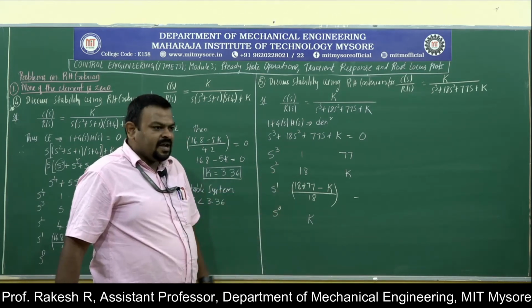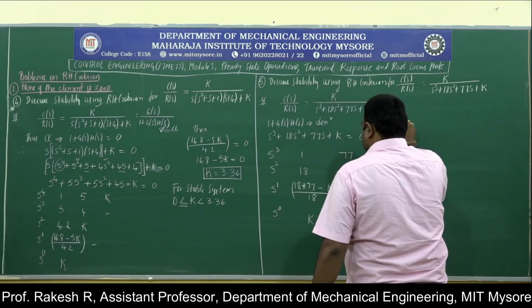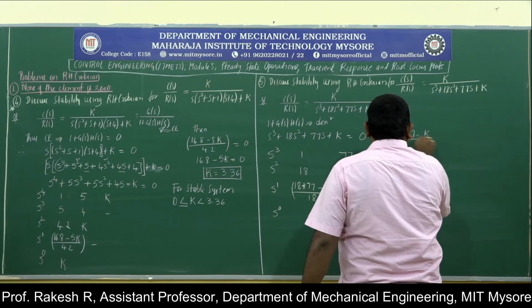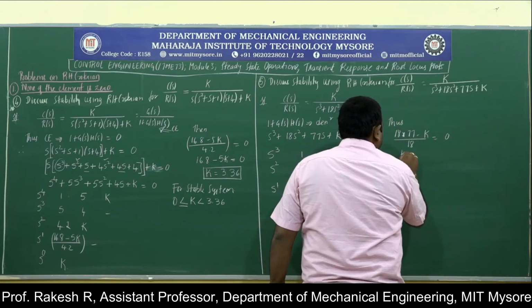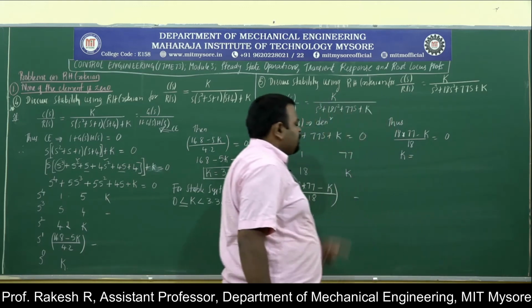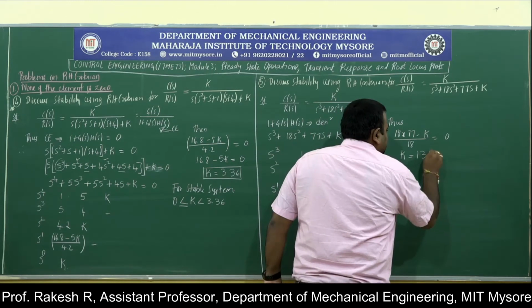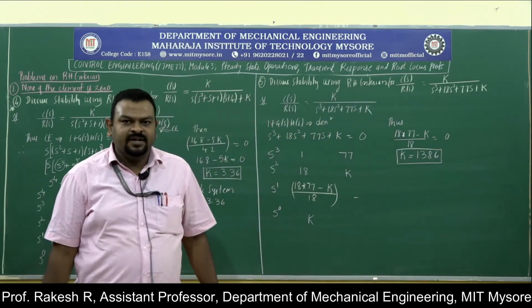Again, we need to know the value of k, how to find out the value of k. Thus, 18 into 77 minus k divided by 18 equal to 0. So what is the value of k? k will be equal to 18 into 77, it is around 1386. So this is the value of k.